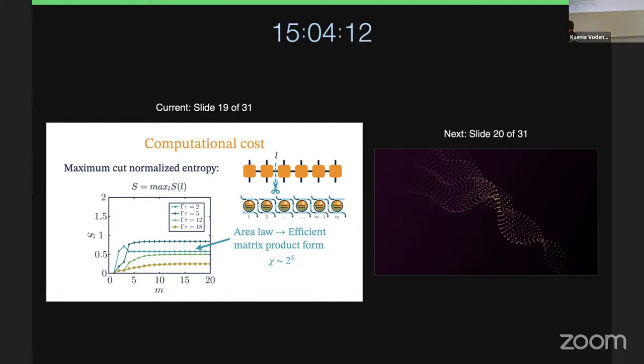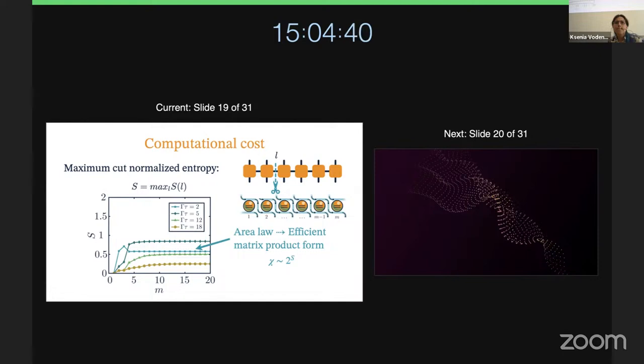Therefore, the more replicas we have, the more time, the longer we evolve our system. And it happens that with the chain growth, our entanglement stops growing at some point. So we don't have to deal with that. Exactly, that's why it's efficient.